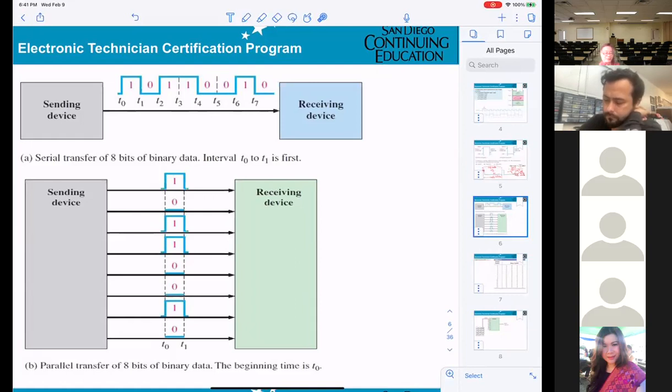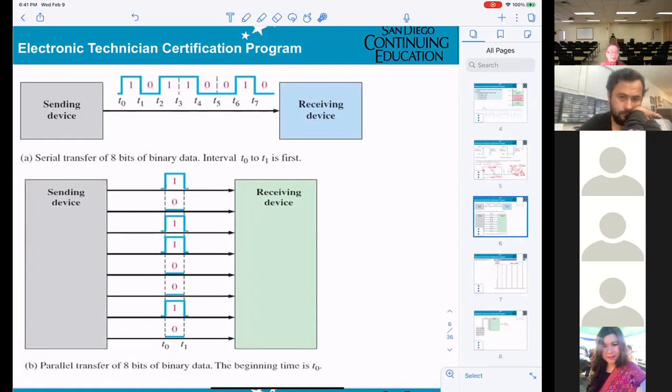The data transfer into the computer normally uses serial. However, when it goes into your computer, they have to convert serial to parallel data so the computer can work on it. Computer cannot work with serial.